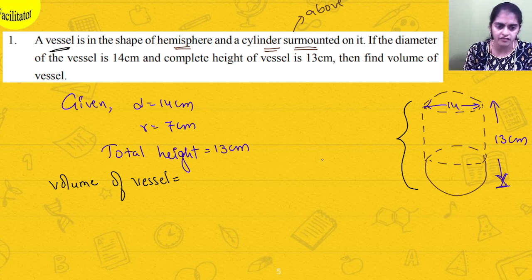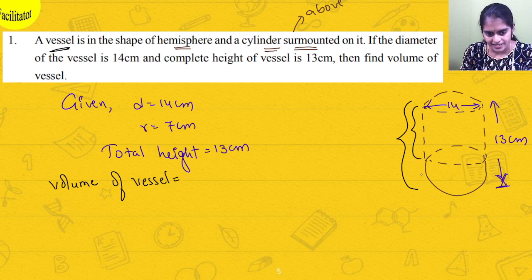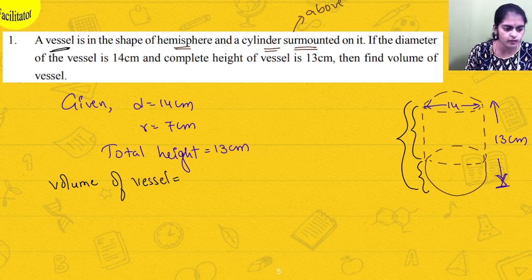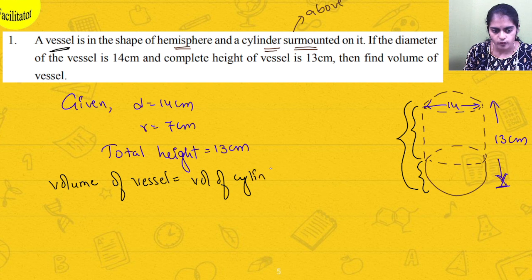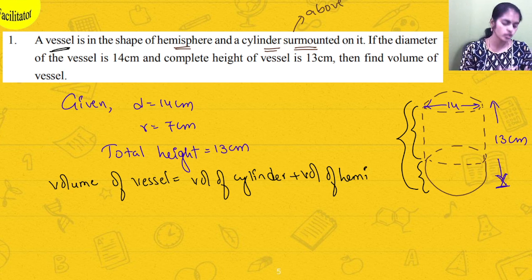For the volume of the vessel, the vessel is in two parts, cylinder and hemisphere. To find the volume of the total vessel, I have to find the volume of the cylinder and also the volume of the hemisphere. Did you understand this point? So the volume of the vessel is the volume of the cylinder plus the volume of the hemisphere.